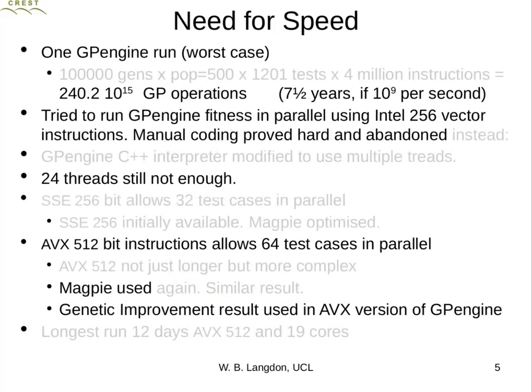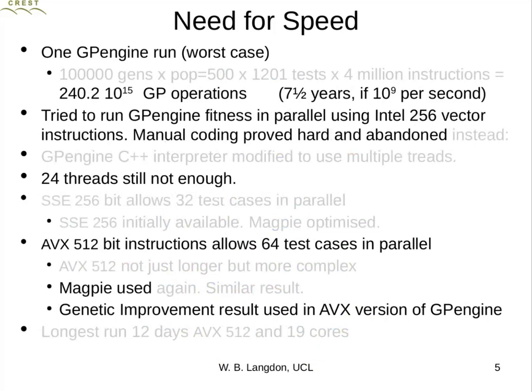The initial approach was to try and parallelize the interpreter using the 256-bit vector instructions, which are available on my desktop. Manual coding proved hard and eventually was abandoned in favor of using multiple threads. But even on a machine with 24 threads available, this was not sufficient.